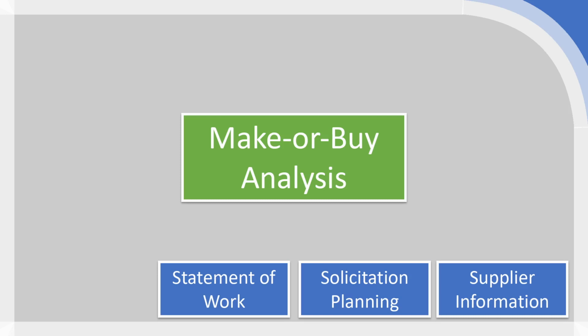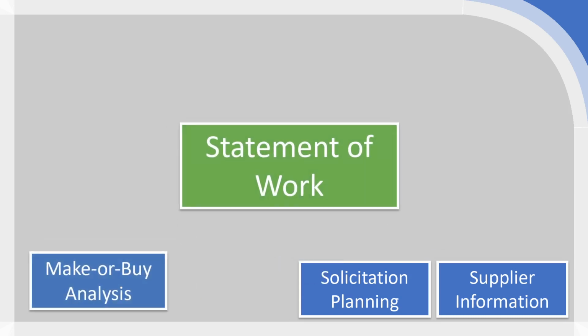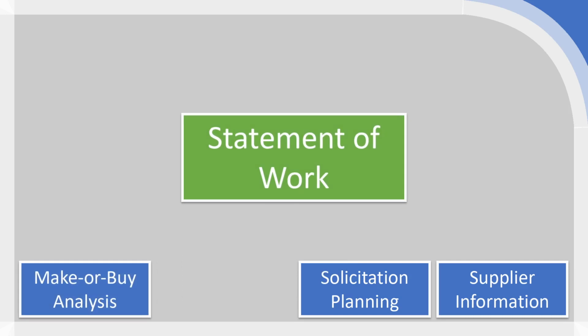Now, if we presume that we've made this make or buy decision and we've decided we're going to procure the item, the next step of our procurement planning is to really develop a strong, detailed statement of work. Now, this is really quite critical for any well planned and well executed procurement cycle.